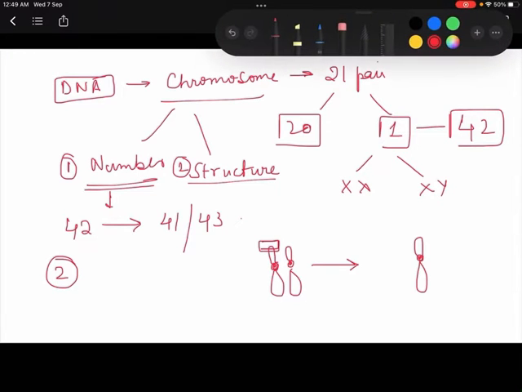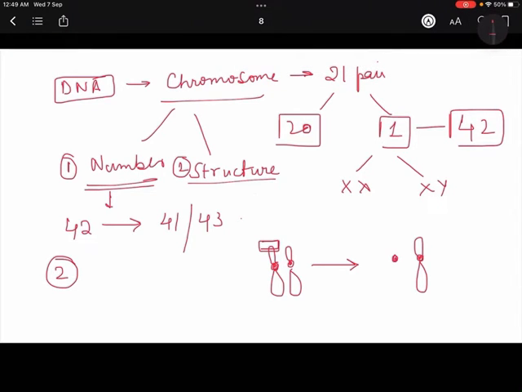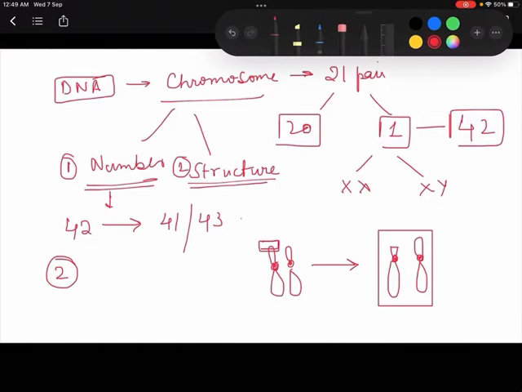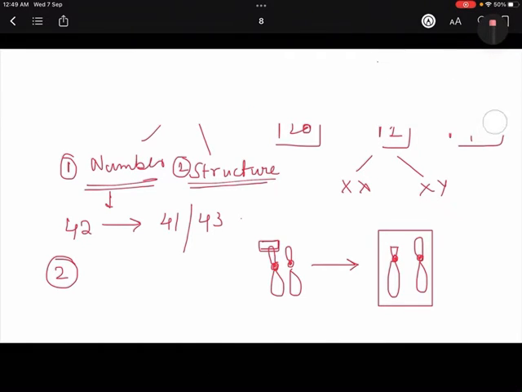Let's assume that some part of it has got deleted. So this is chromosomal aberration in the structure. So obviously if there is some change, it will cause some variation, and over the period of time that will cause certain evolution, right? So this was the second component of variation.